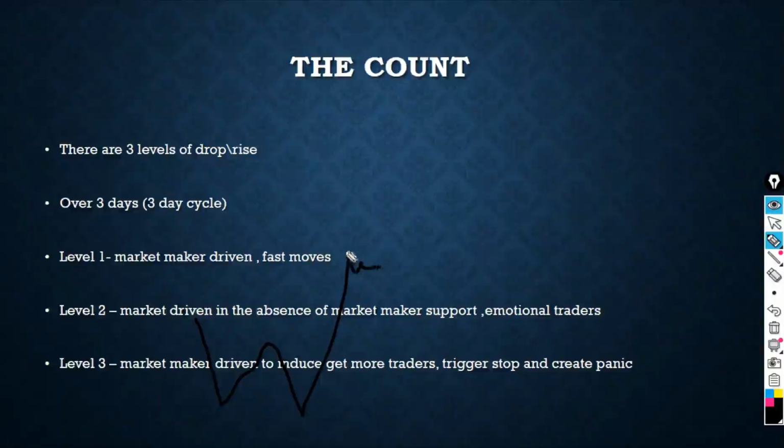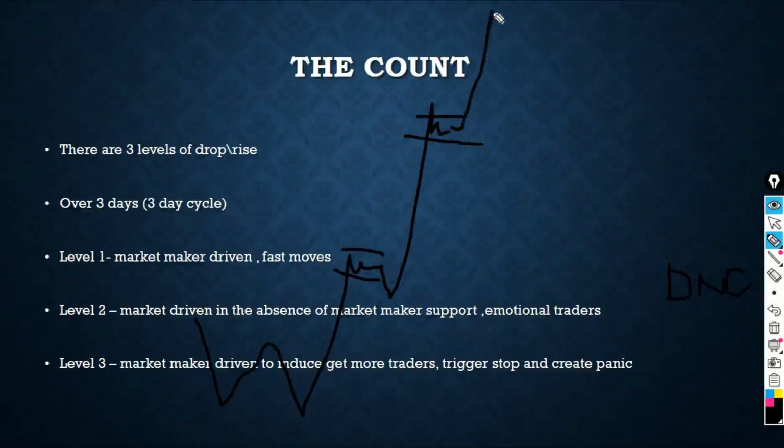You will go into consolidation, which will be level 1 consolidation. In level 1 consolidation, I told you, do not try to sell, because you are going against the trend. Do not counter trend level 1. Okay, so now we have a stop, and from level 1 we now go into level 2. Okay, from level 2 we now go into what?